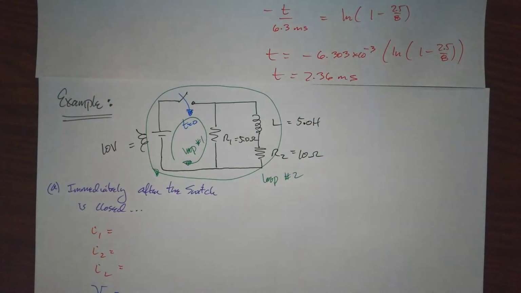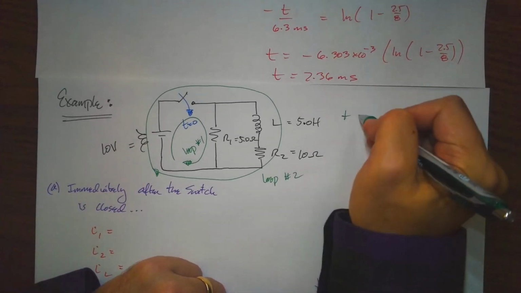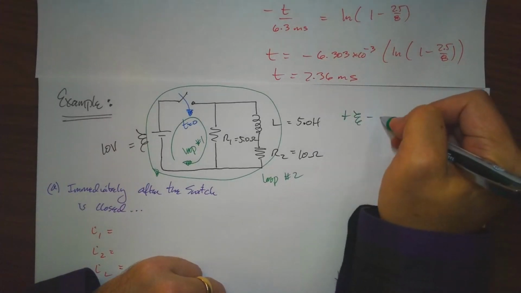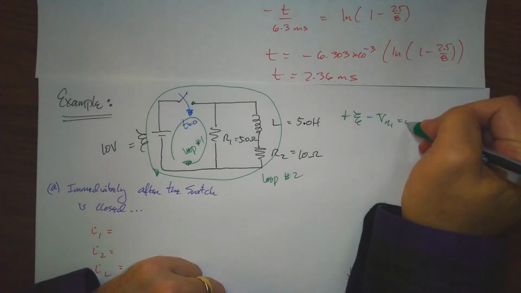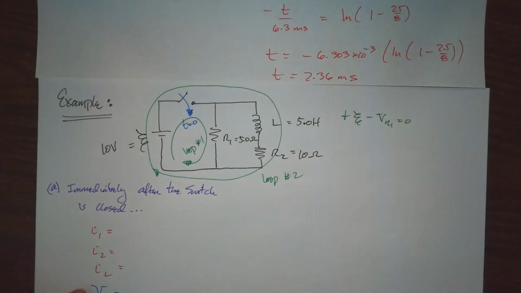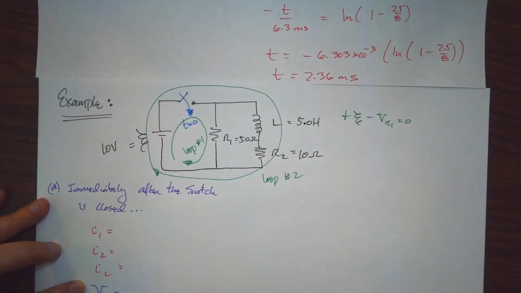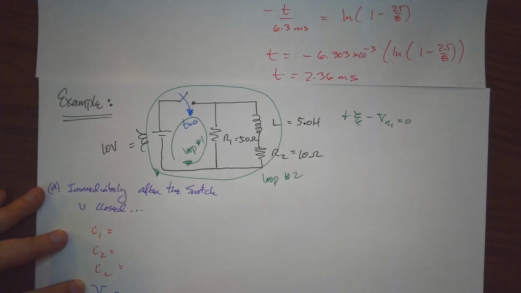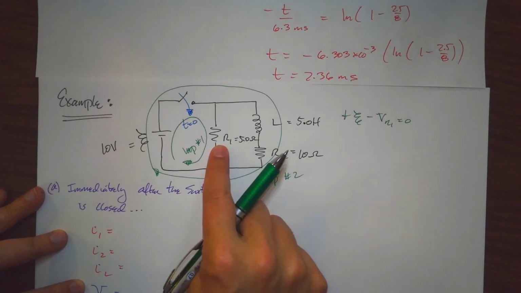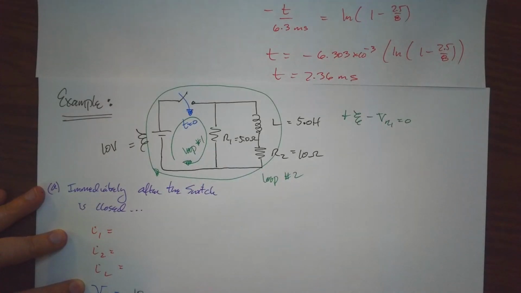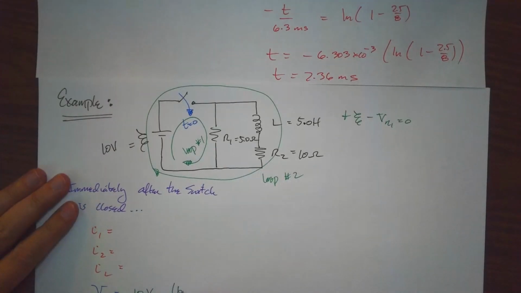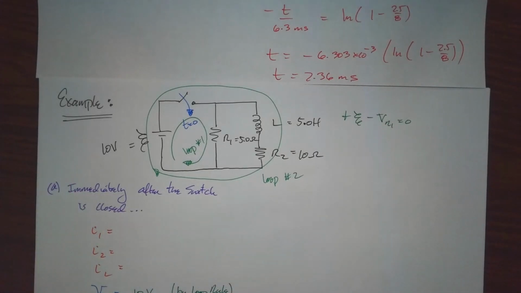In this first loop, we go up by the voltage on the battery, and then down by the voltage across resistor 1, which has to go to 0. So the voltage across resistor 1 is going to be what? If we go up by 10, then we have to go down by what on resistor 1? It's 5 ohms, yes, but what's the voltage? 10. So it's got to be 10 volts, by the loop rule.